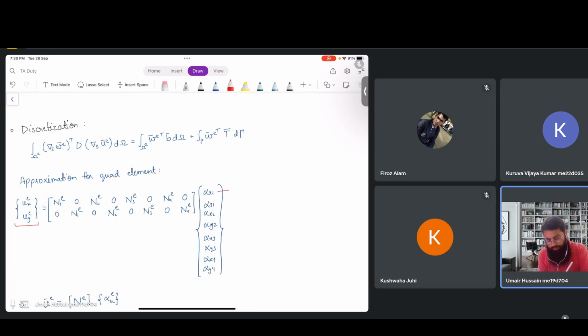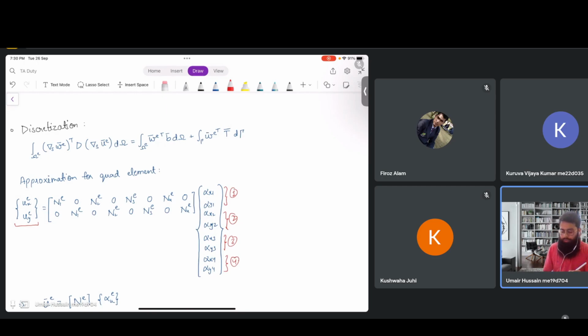So each of these column vectors represents the displacement in x and y direction for each node. So these two are for node 1, node 2, node 3, node 4.